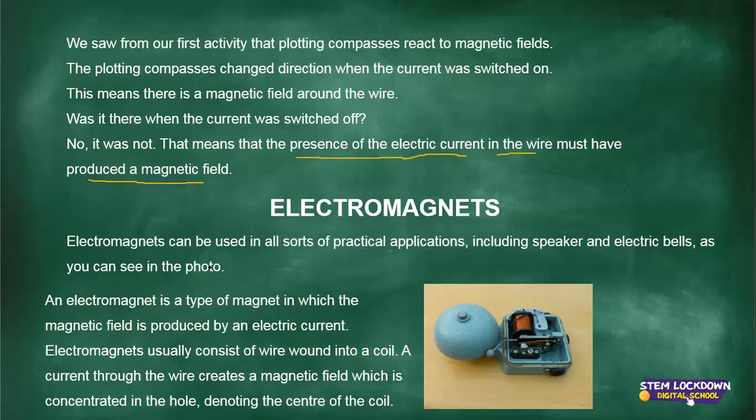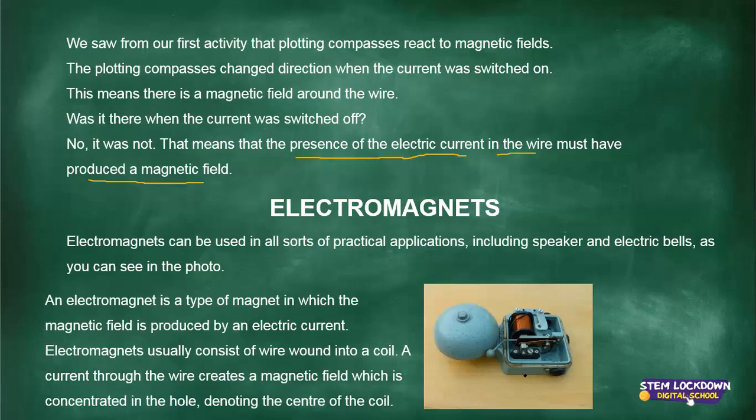So electromagnets can be used in all sorts of practical applications, for example in a speaker or electric bells, as you see in this photograph here. So we basically use electromagnets in all sorts of applications, and that's you using it in everyday life.